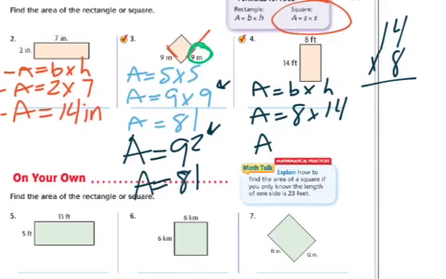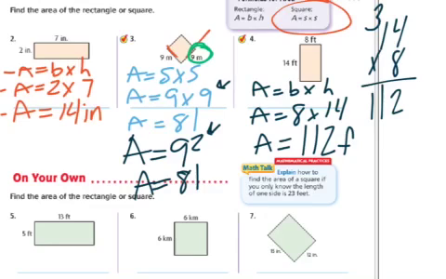If we go ahead and work that out, 8 times 4 is 32. I put my 2, I carry my 3. 8 times 1 is 8, plus 3 more is 11. So my area is equal to 112 feet. Again, I did not put it over here. We need to make sure that we always have our unit of measure.